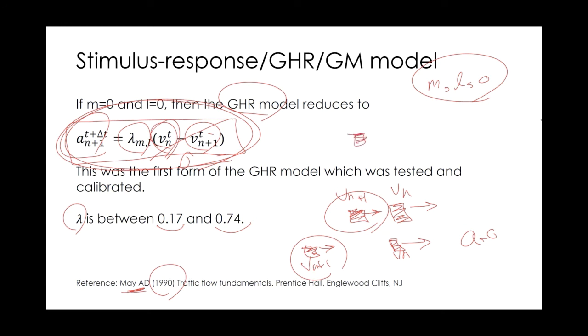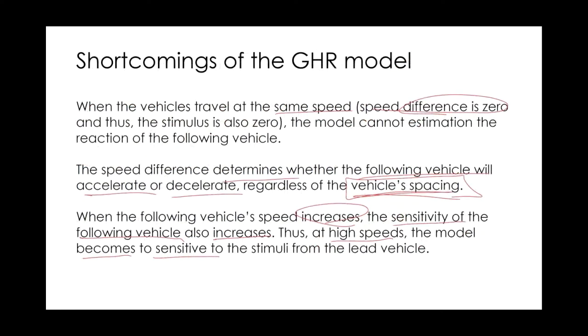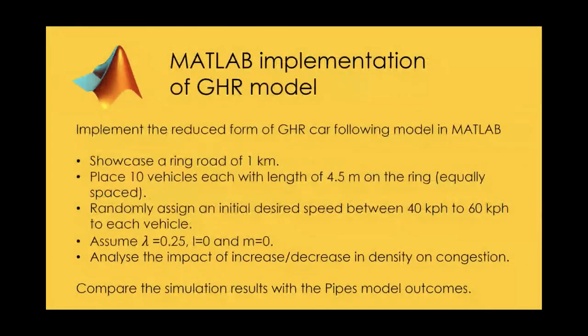If this vehicle is going 40 kilometers per hour and this vehicle is going 50, versus if it goes 60, the difference here is 10, while the difference of the speed there is 20. So the acceleration actually doubles just because the lead vehicle is going 10 kilometers per hour faster. So it becomes too sensitive when the lead vehicle is going at a higher speed.